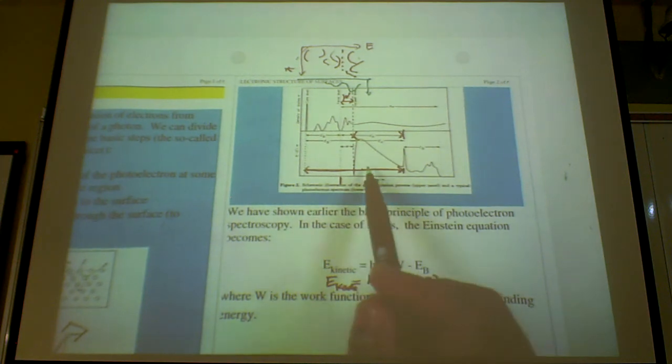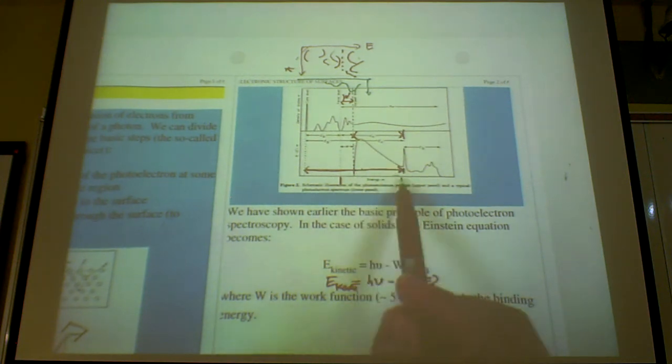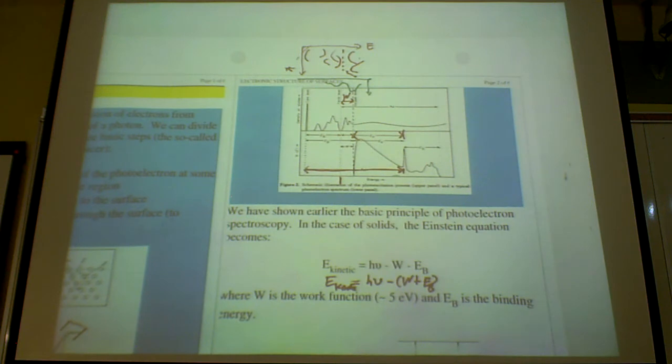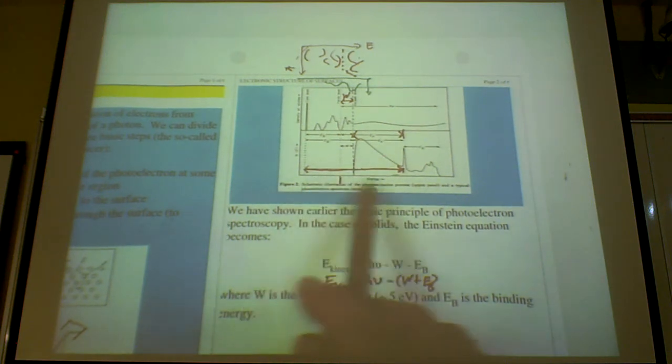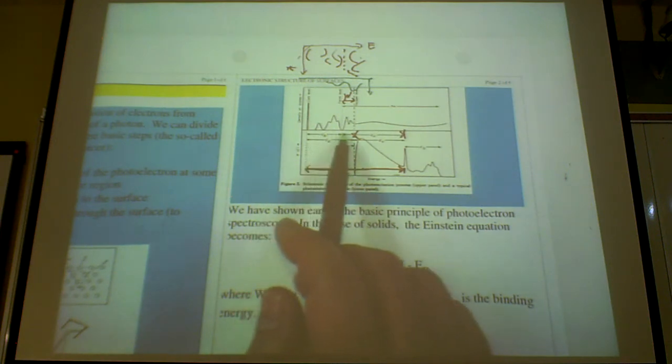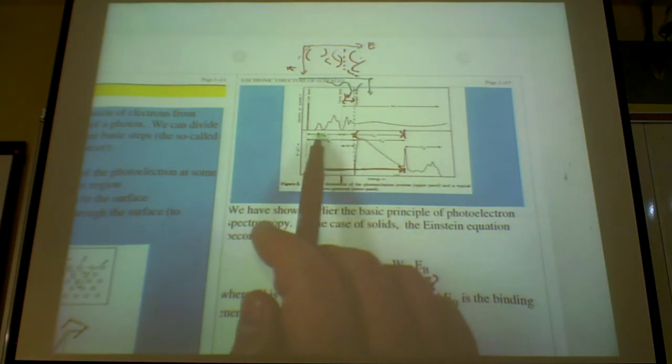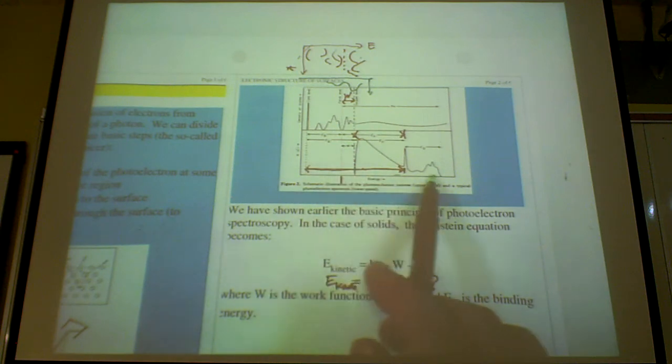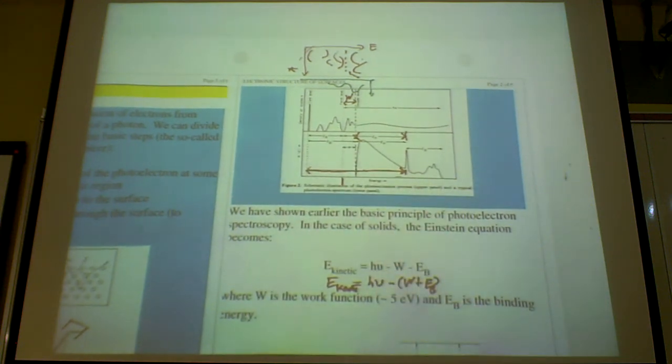So this is the amount of kinetic energy you see here. You can imagine that if I move my photon bar across, I'm scanning all this, exposing these filled energy levels.